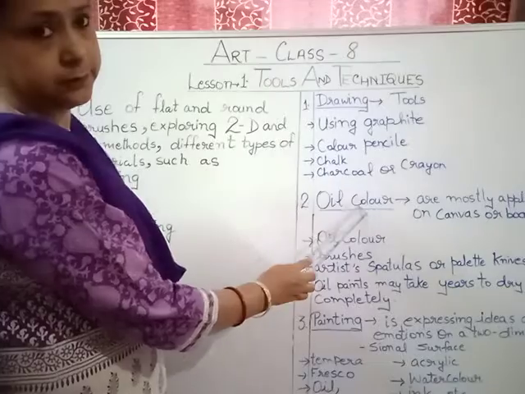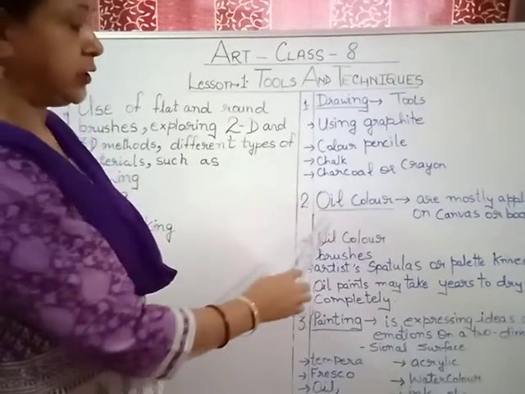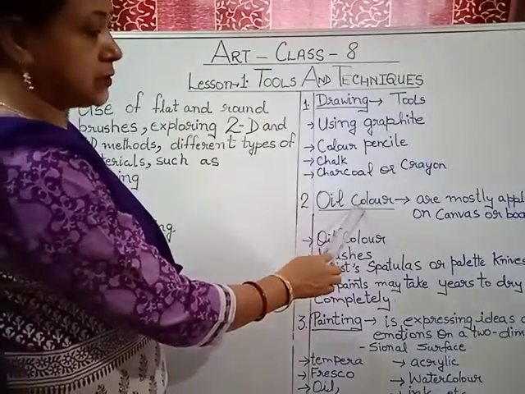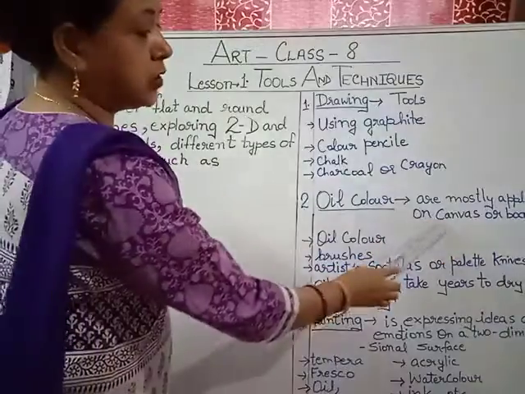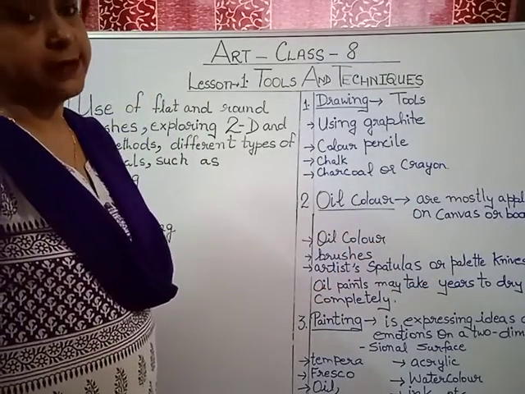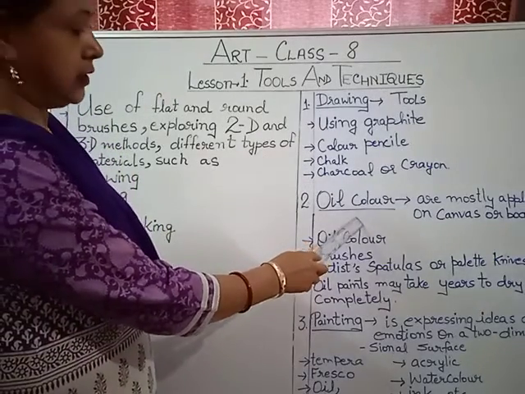Oil color. Children, in class 8, we are mostly going to do oil coloring. Oil colors are mostly applied on canvas or board. We have to be using canvas or board for doing all oil color.